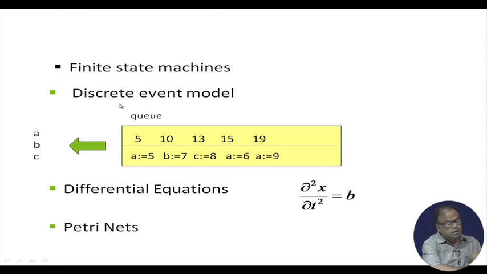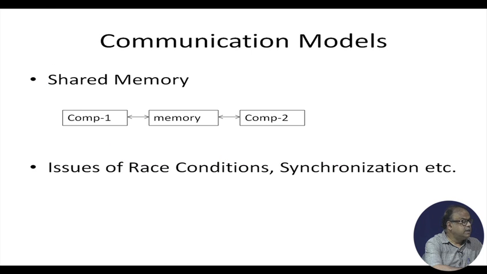Now, if we look at another scenario, that is a discrete event model, which is a typical thing that we do in our computer system in a von Neumann model. Suppose we have got a queue and these are the timings. First this part is executed, A gets 5, next B gets 7, next C gets 8, next again A gets 6, then A gets 9, and so on and so forth.